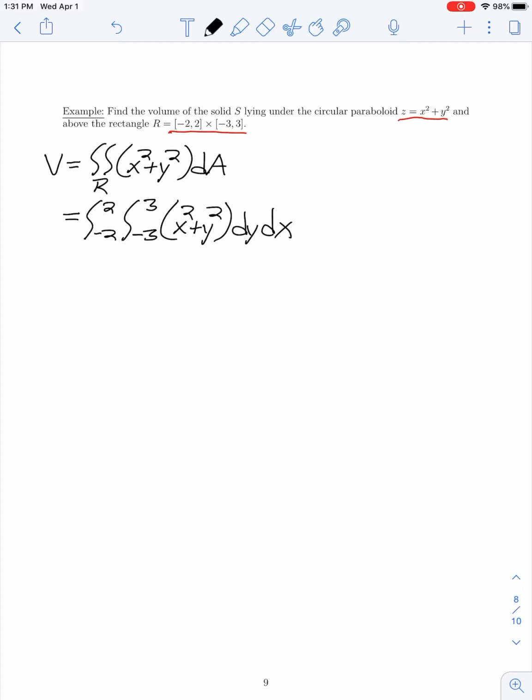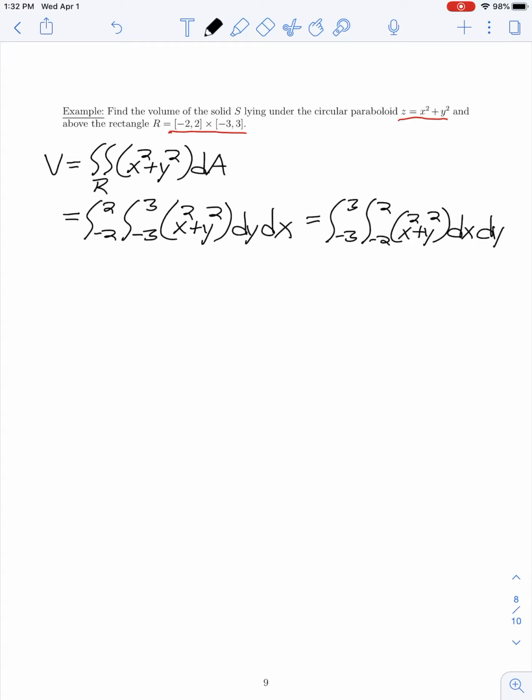So this would be in the order dy dx, since our inner integral had limits of -3 to 3, that is the value of our y interval. Or we could reverse this order, and we would be integrating from -3 to 3 and -2 to 2, the function x squared plus y squared dx dy.